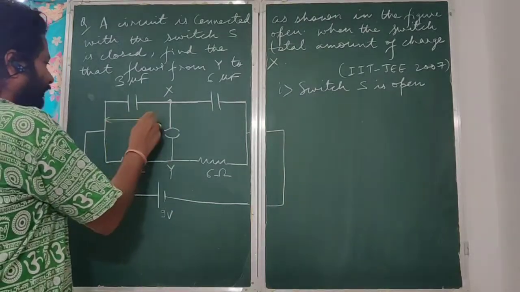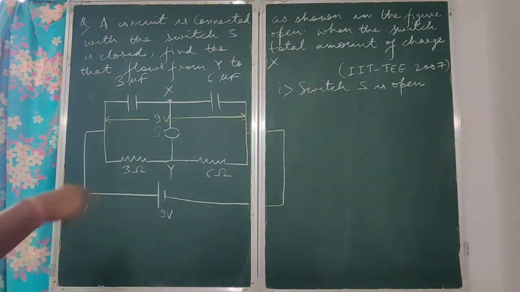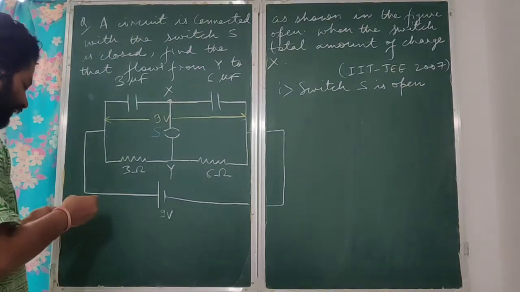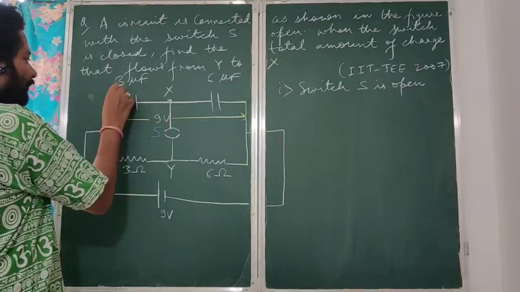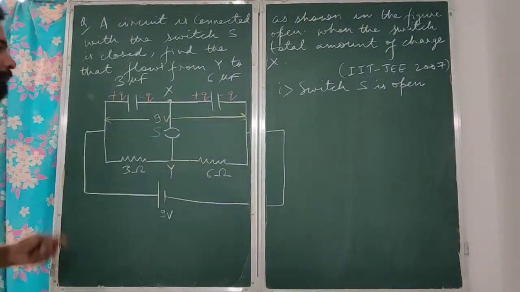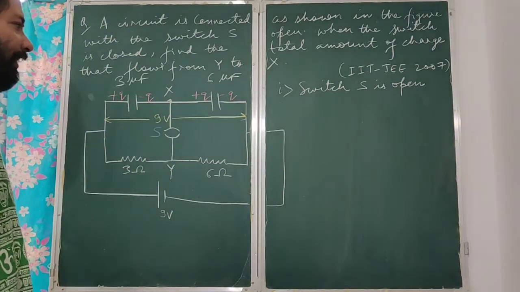So here what will be the potential difference that will develop? 9 volt. These two are in series, so they will develop equal charge. So what is the charge that will get developed on that? Let us say plus Q here, so minus Q, plus Q, minus Q. So that is the charge which is going to develop.